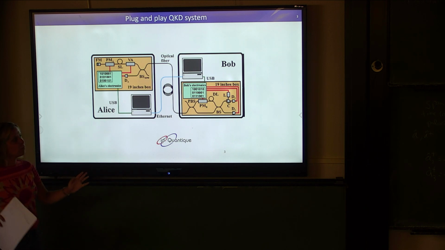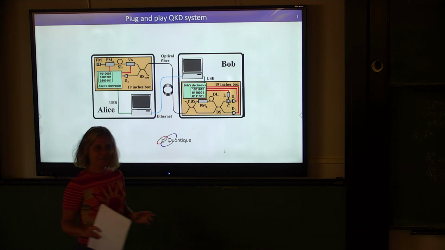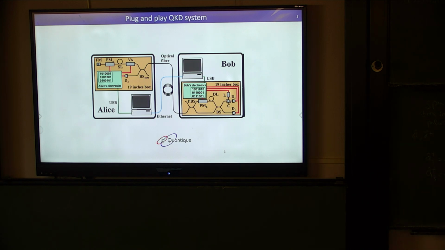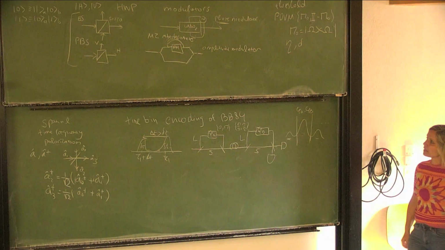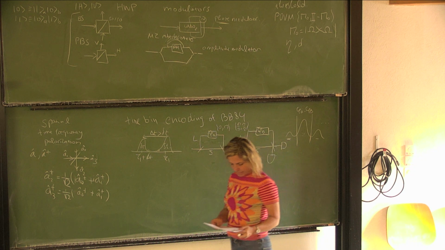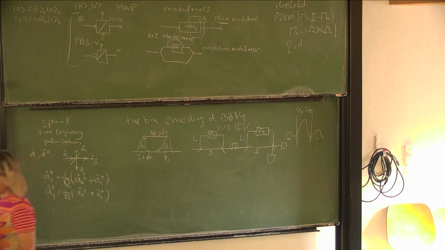Now we have unfolded time bin. I think Thomas will tell you more about this. We have some very beautiful setups like this in Canada. So this is something that is very much developed, and it really helps to create a nice system.